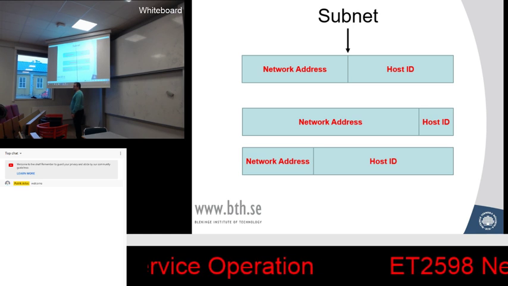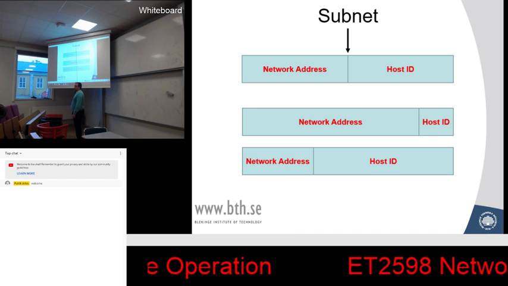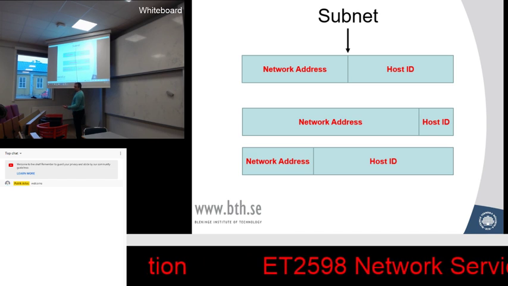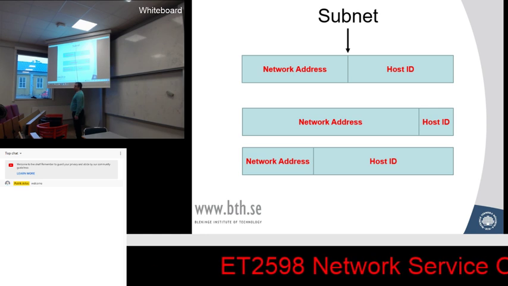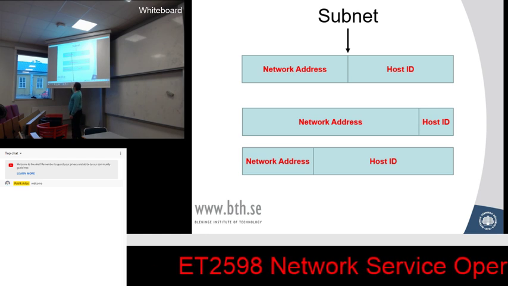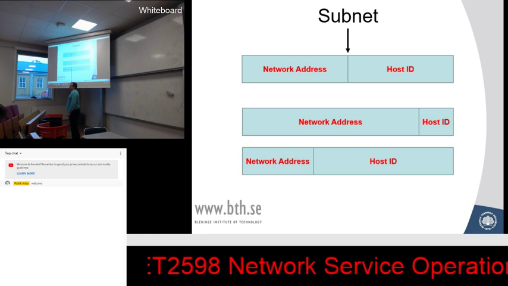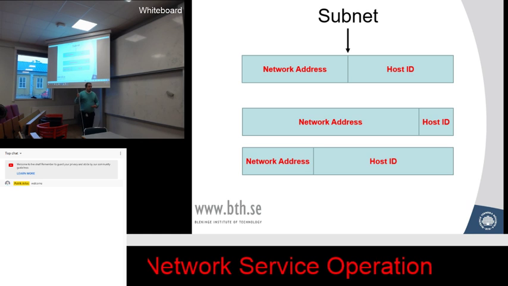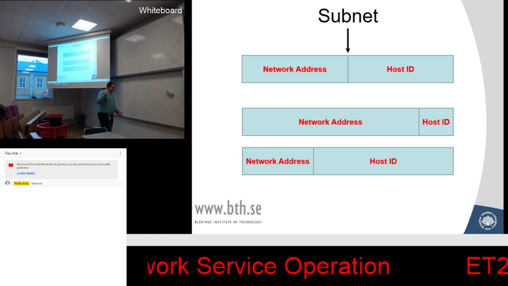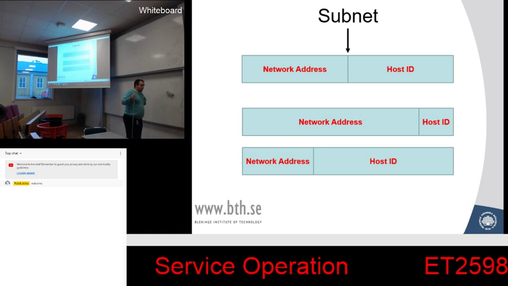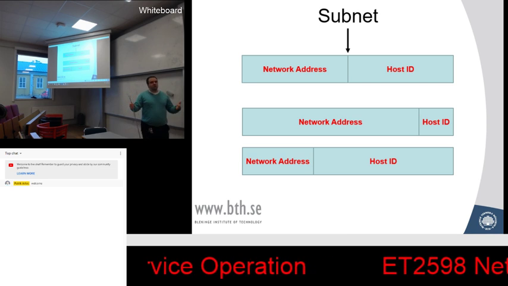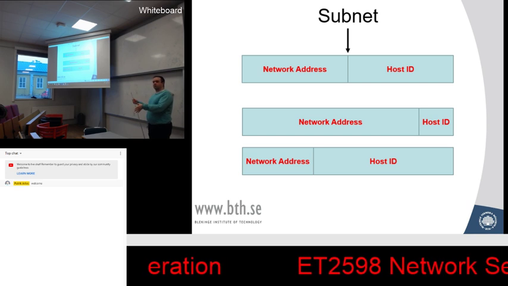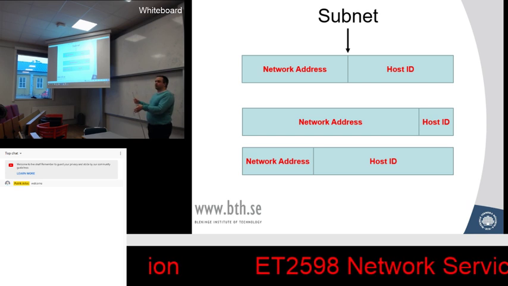I think that would classically be called a class B network. But we don't use class B based networks anymore, though they are still around. And then in the class A network, you would have a /8 address. If you have a /8 mask, you will have 2 to the power of 24 hosts within a network. That's a lot of hosts.